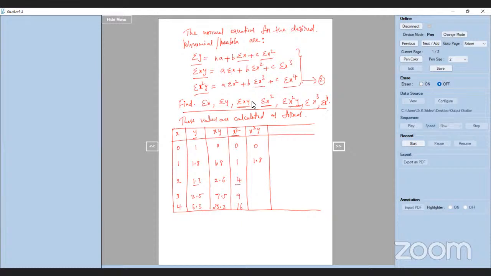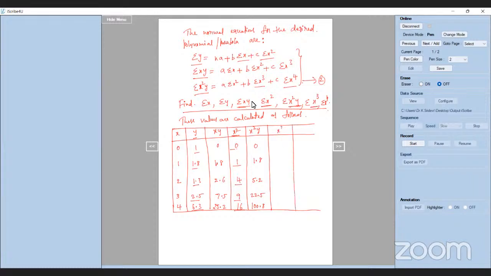Next, 1.3 into 4, 5.2. Next, 2.5 into 9, 22.5. And next, 6.3 into 16, 100.8. Very good.